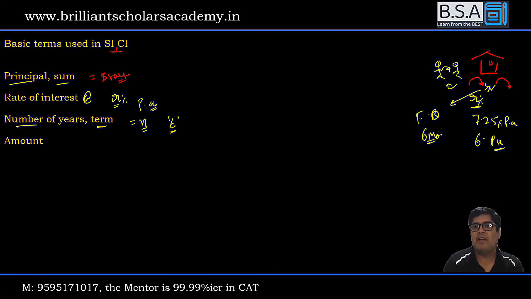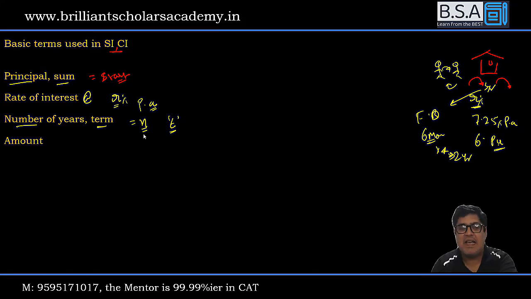If you deposit money for 2 years, you will have 4 terms, since 6 months appears twice in a year. Term is the number of repetitions, the cycle in which interest will be calculated. So use the standard way, N: the number of years or number of terms.